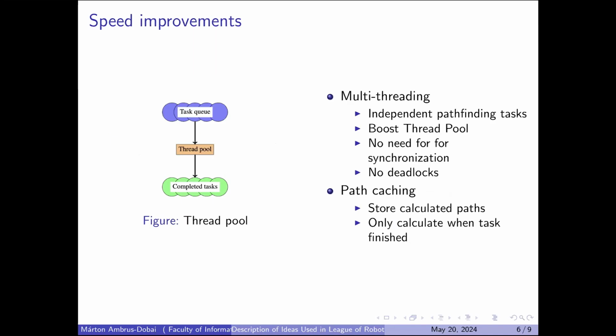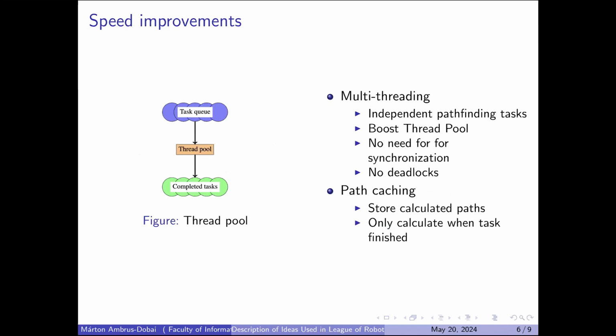And to speed up the search, I noticed that the single agent path findings are separate tasks, so I can use a thread pool to compute them parallelly. And then I realized that I'm only using the first step of every path, and I should not calculate in every time step for all the agents.